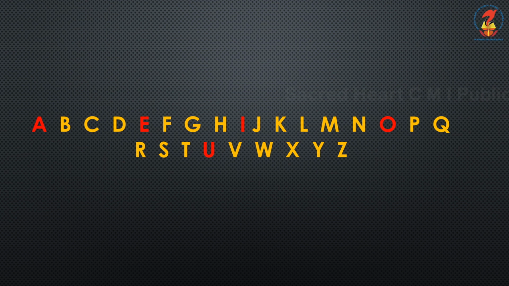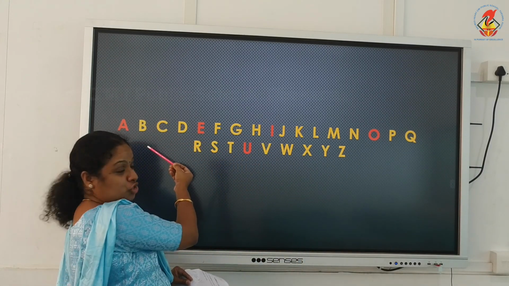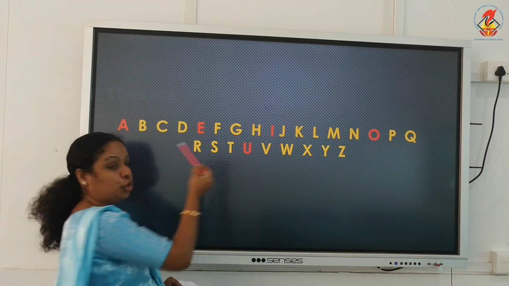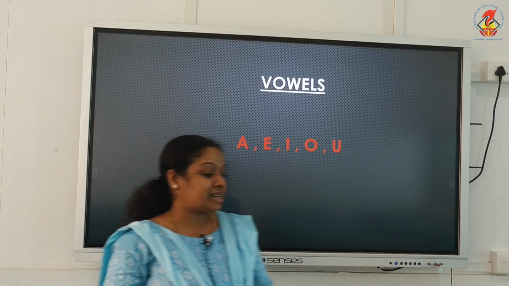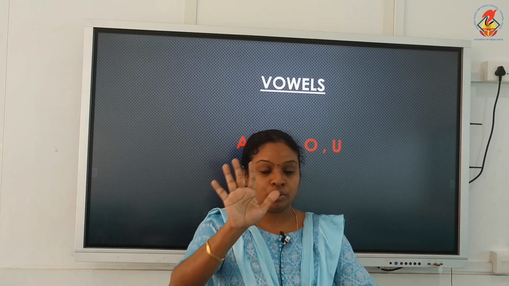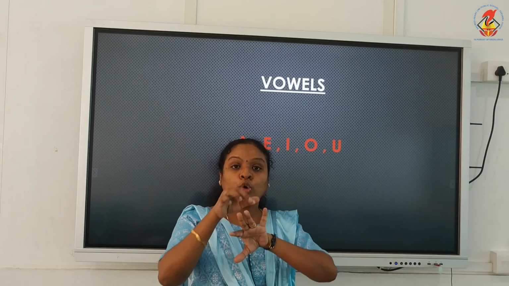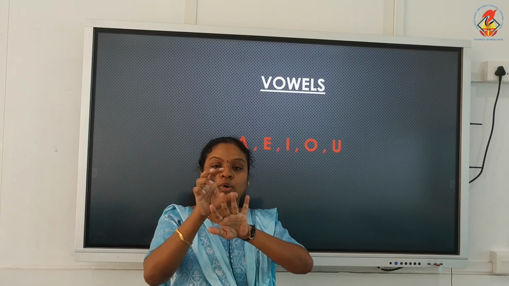So A, E, I, O, U are the vowels. Repeat after me, children: A, E, I, O, U. The vowels are A, E, I, O, U. It's just like our 5 fingers.